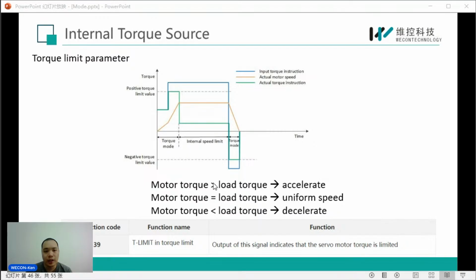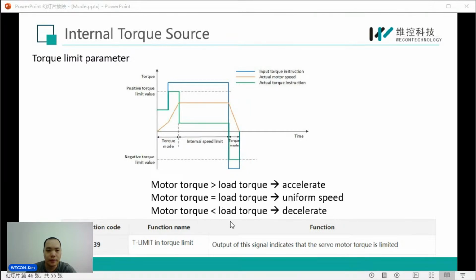When motor torque is bigger than load torque, the force is positive, and the motor will accelerate. And then when motor torque equals load torque, the force equals 0, so the motor runs at a uniform speed.